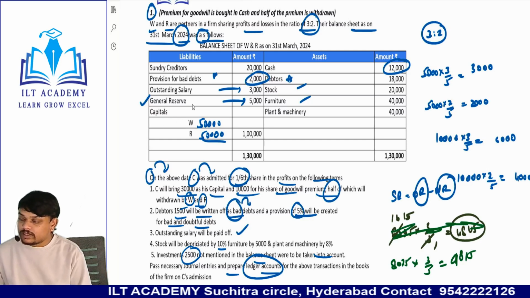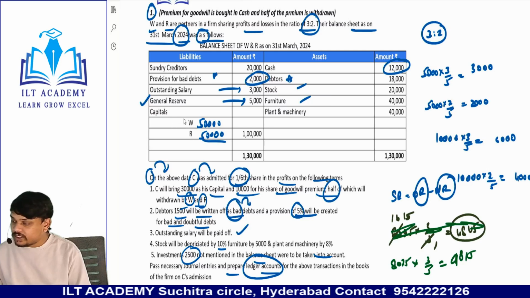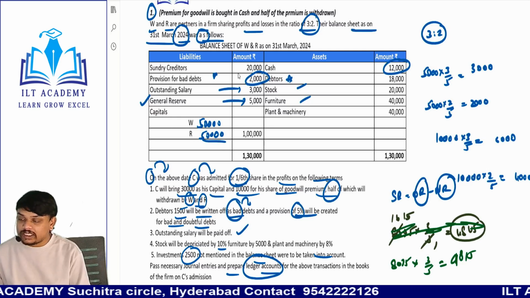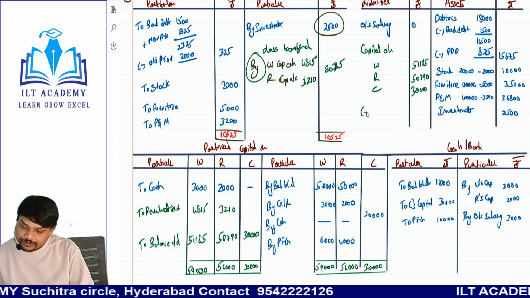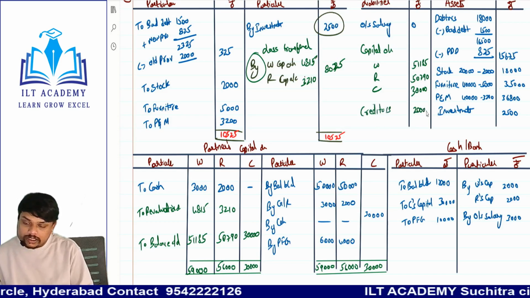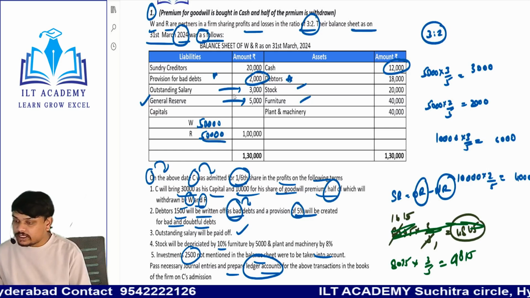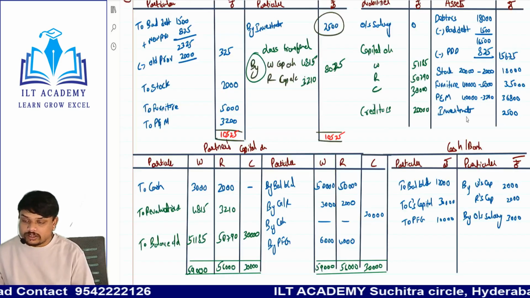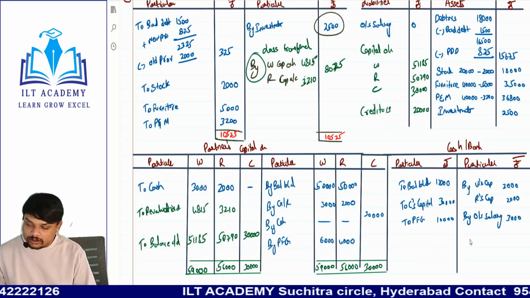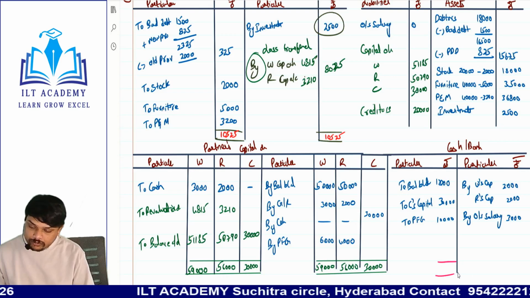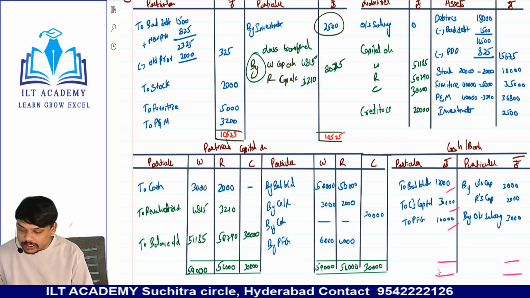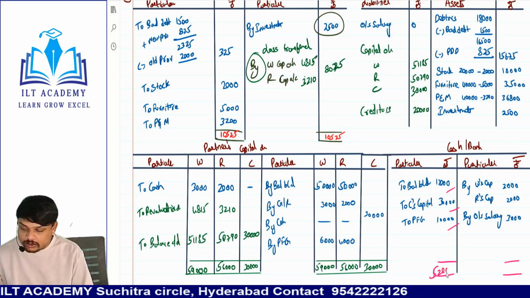Now next, reserve. General reserve is distributed. Outstanding salary is paid off. Provision for doubtful debts adjustment is done. Creditors is 20,000. We have recorded that. Now cash is 12,000. So for cash we need to close the account. 12 plus 30, 42. 42 plus 10, 52,000.